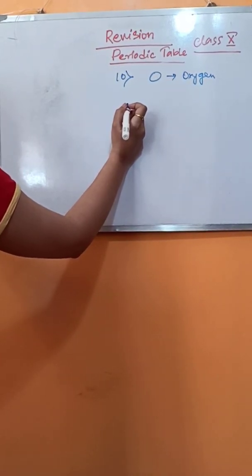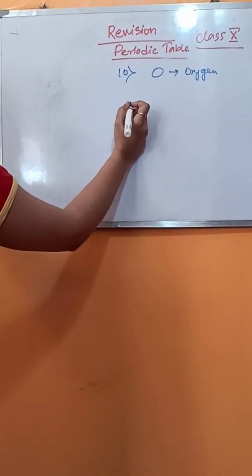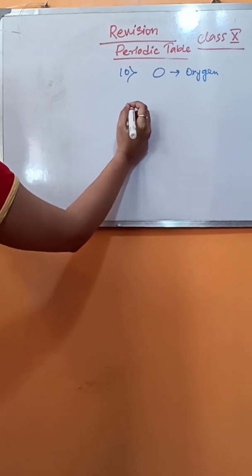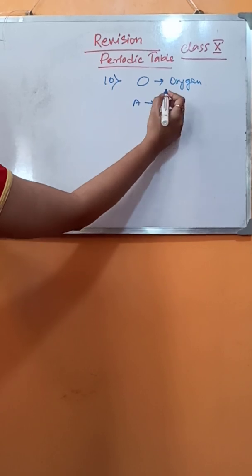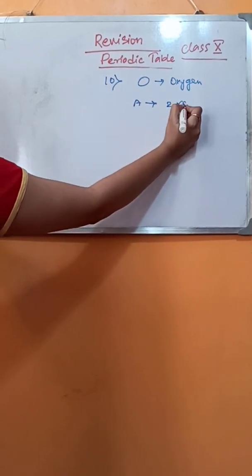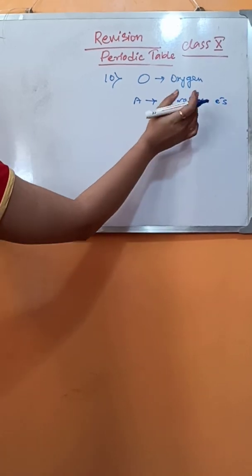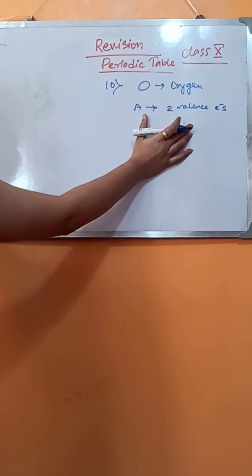So A, look at A. A is in period 2 as well as group 2. So since A is in group 2, it will have 2 valence electrons. If an element has 2 valence electrons, what will it do?